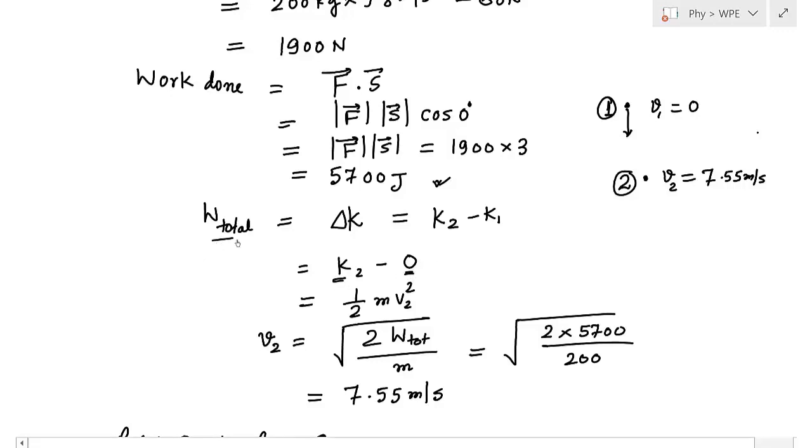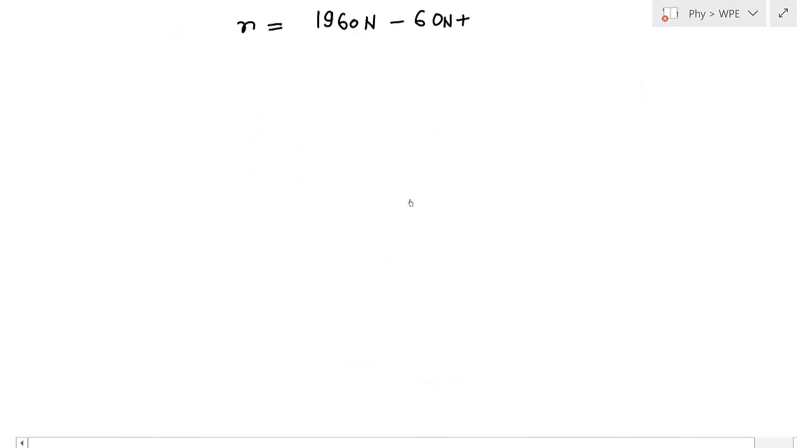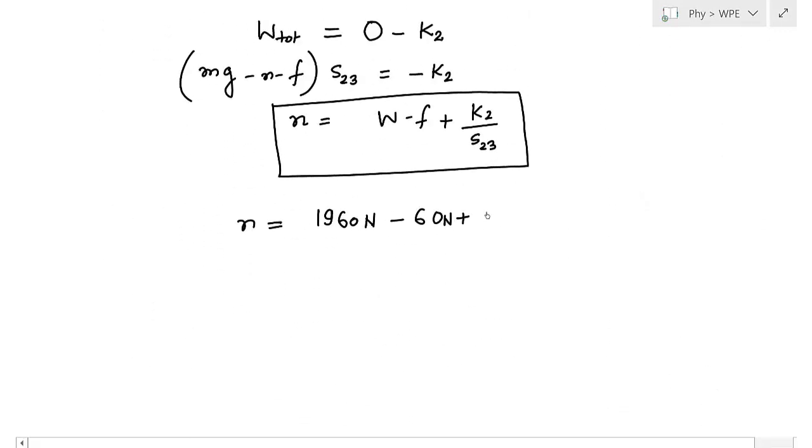So K2 is equal to work done when this moves from point 1 to point 2, and the work done value is 5700 joule. So we can plug this here. K2 is 5700, and this divided by 0.074.